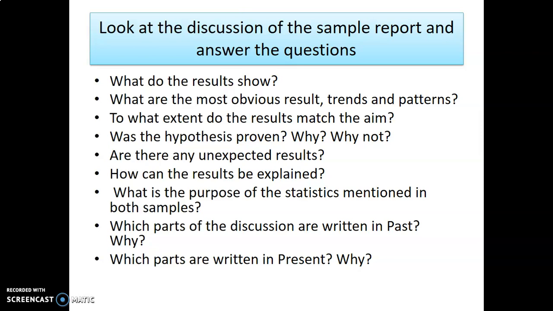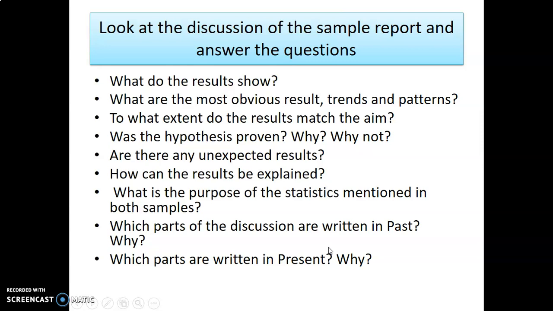If you talk about the explanation of the results, the explanation should be in present because you talk about general scientific or just general facts. But if you discuss the results of the experiment that has already been conducted, you can use past, because you talk about something that already happened.